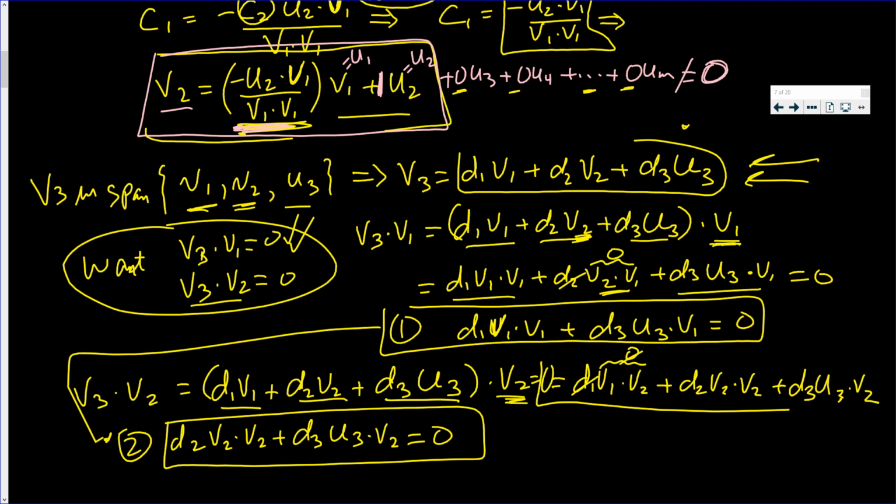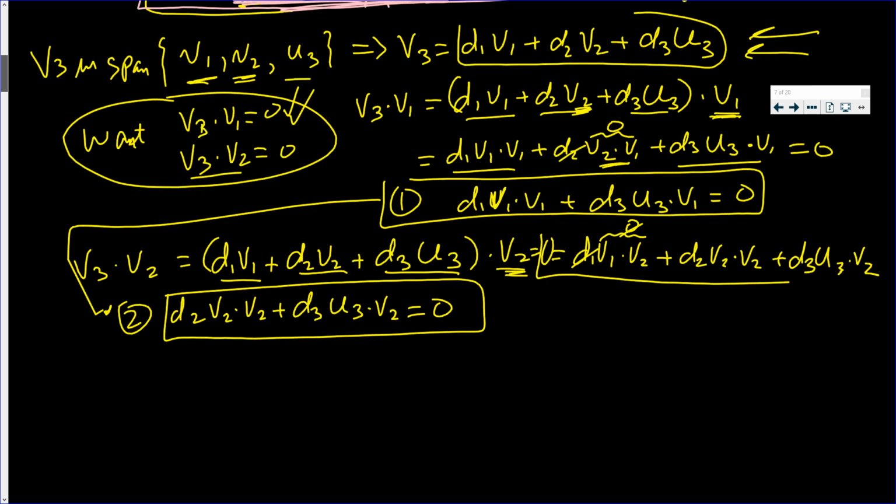It would require all the coefficients to be 0. That coefficient of U2 is not 0. So V2 is not 0. V2 equals this mess, which is not equal to 0.